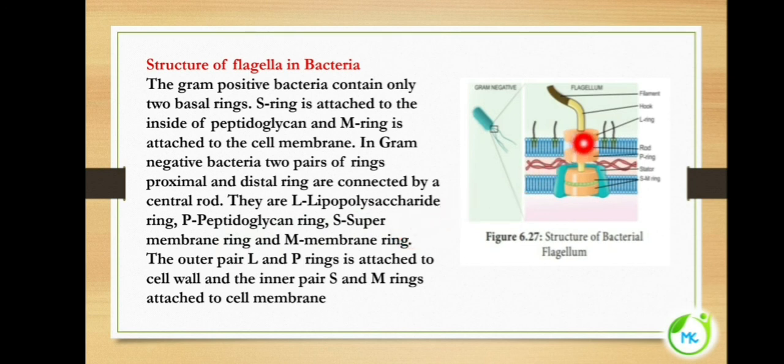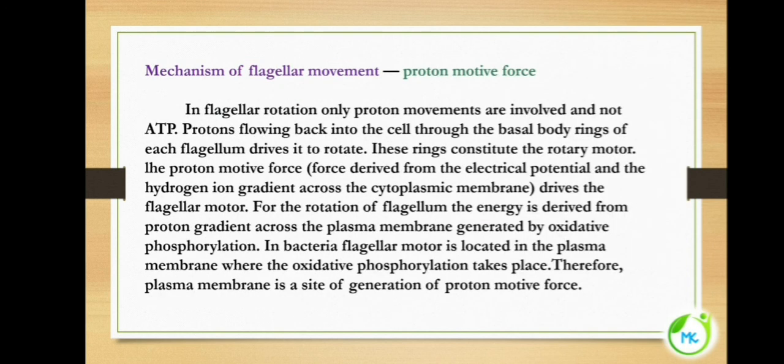Here you could see L, which is found in the cell wall region. So these are the four rings found in gram-negative bacteria, whereas in gram-positive bacteria only two rings are found: the S ring and the M ring.